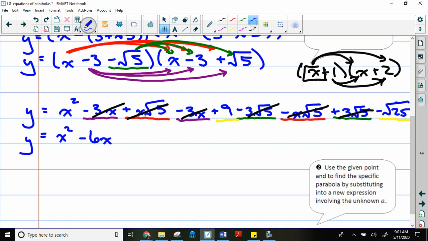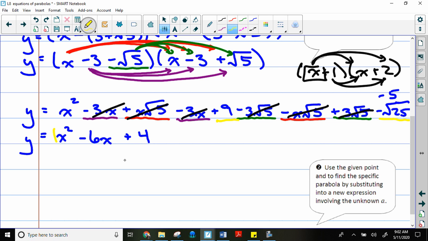Yes. Then we've got this 9. This gives us a minus 5. 9 minus 5 is 4. Look at all of that chaos. Look at what it ended up giving us. Isn't that beautiful?